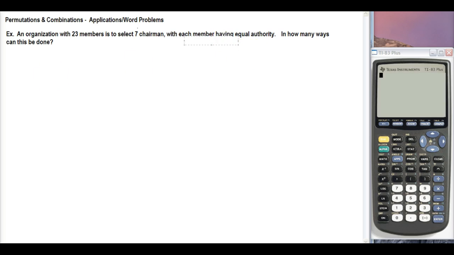Okay, so since each member has equal authority here, that means they have the same weight. So because of this, we know that this is going to be a committee type problem or combination.